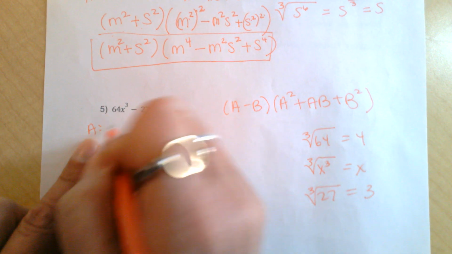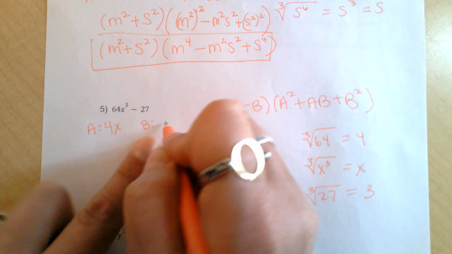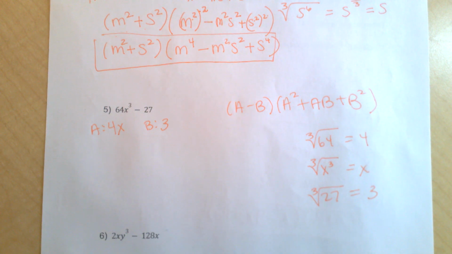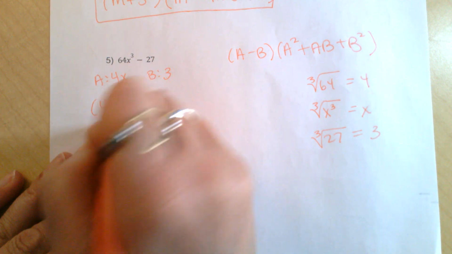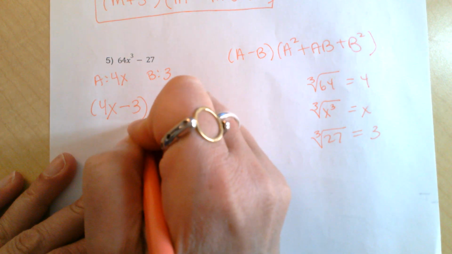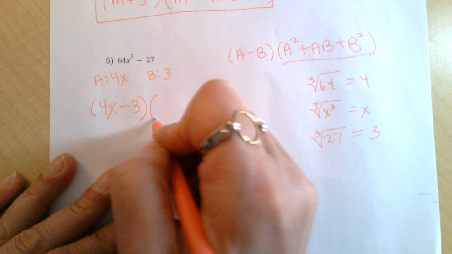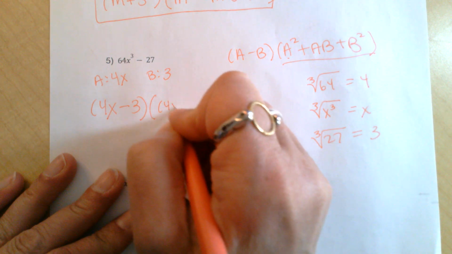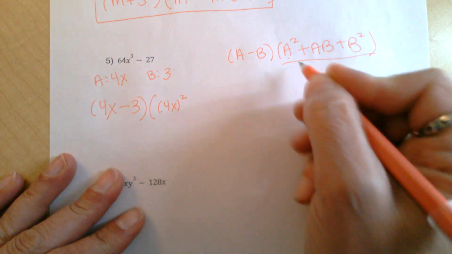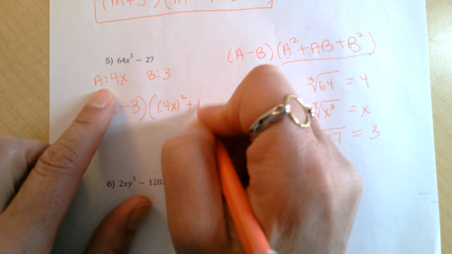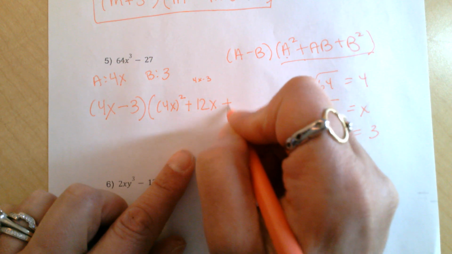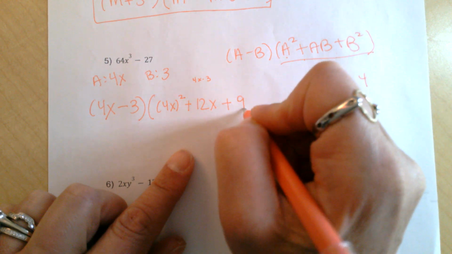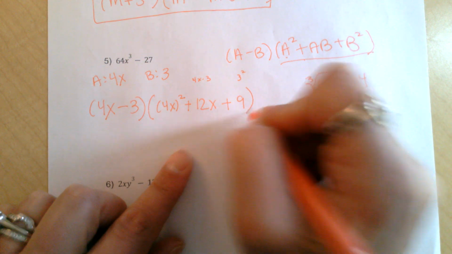For the first one, this is going to be 4x. For the second one, this is going to be 3. And so that's how you find your A and your B. Now let's substitute it into the formula. 4x minus 3. And then here, A squared, so 4x squared plus 12x, because it's 4x times 3, plus b squared, which is 9, because that was 3 squared.